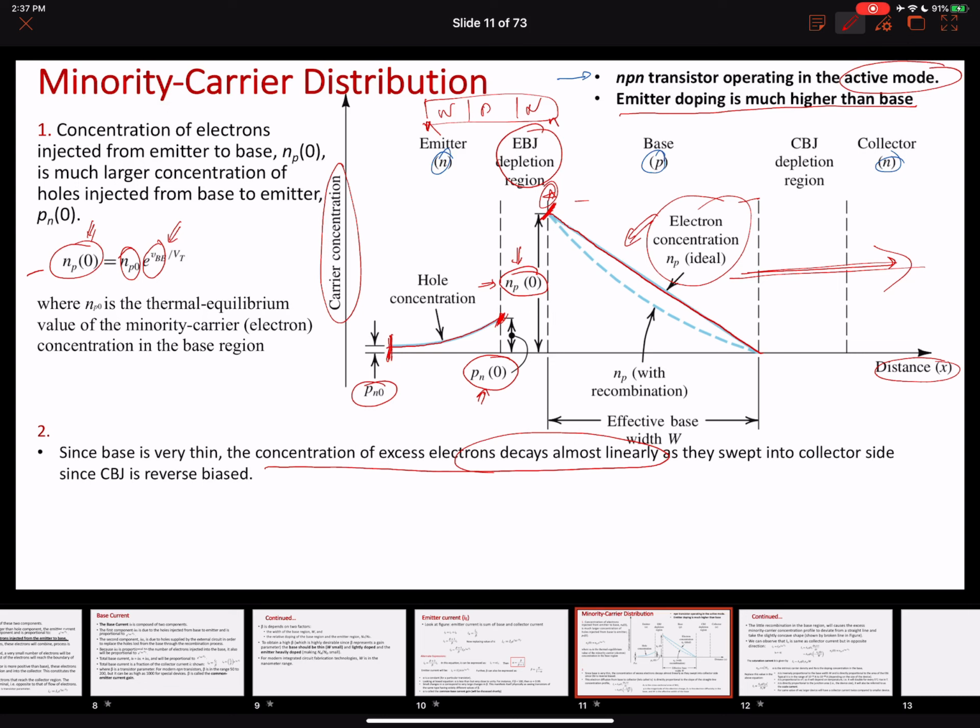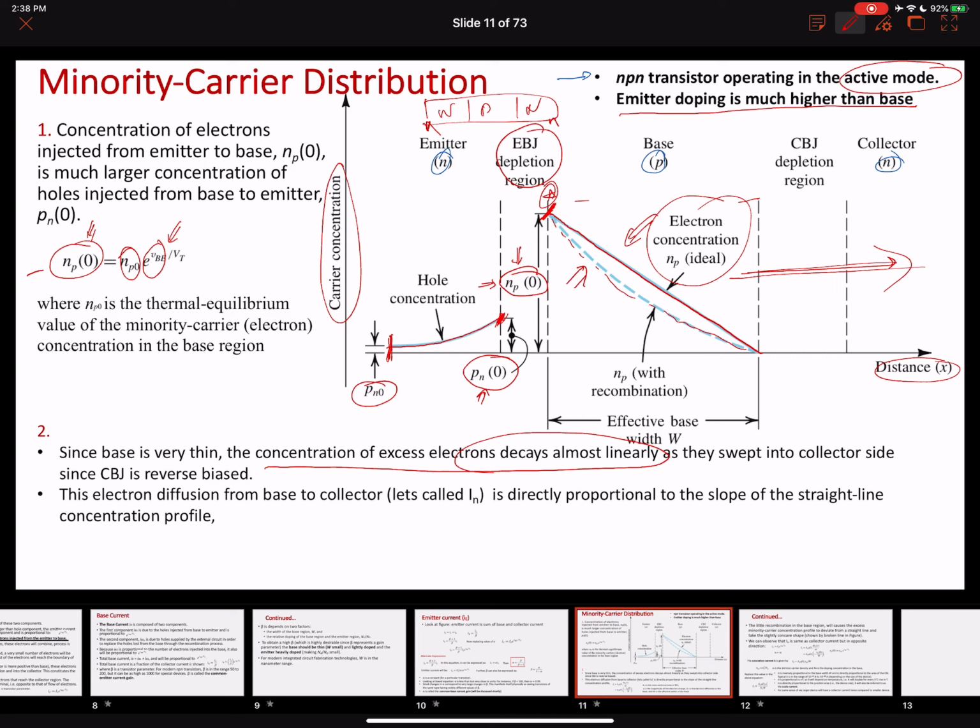What actually happens is we get this kind of dotted line or a concave shape. And why is that? Because some of these electrons are also being lost in the base region due to the recombination process, and that is why we get this dotted line over here, which represents a higher loss as compared to this linear loss.